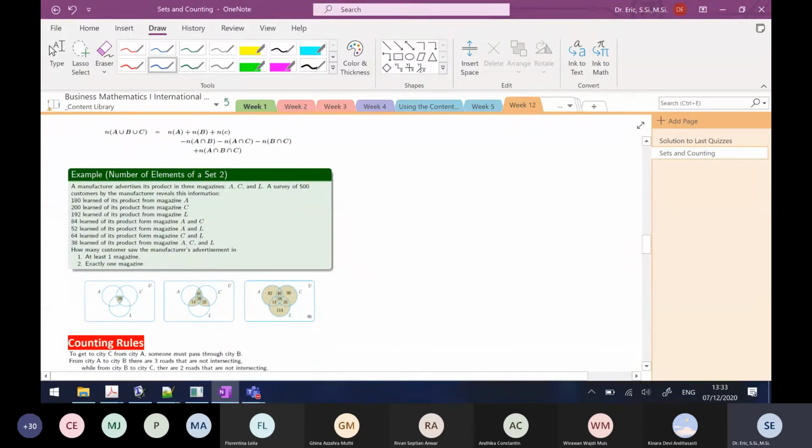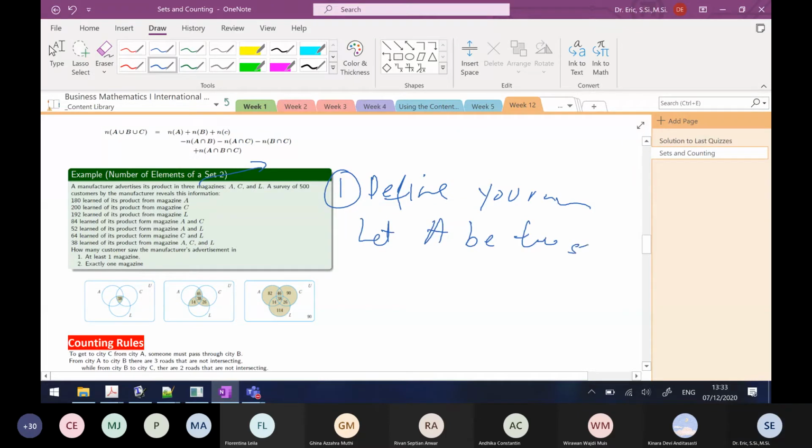And you can try the three-set problem. Let's say this one. Okay, so you have to define your variable first. Don't forget, if you have this kind of question, first define your variable. Let A be the set of people who, and what is C and what is L, and so on.